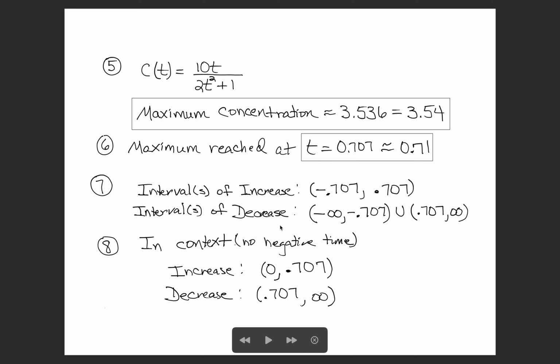So in context, no negative time, so you have the increase going past time 0, approaching 0.707. And after that, you have the decrease for the time after 0.707.